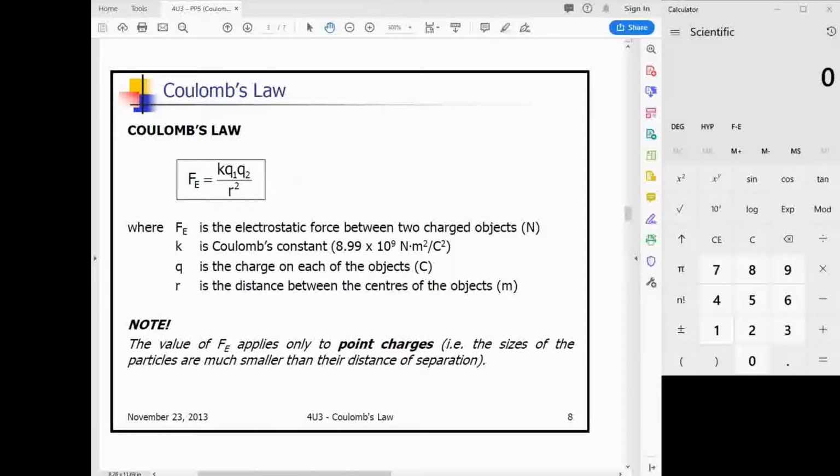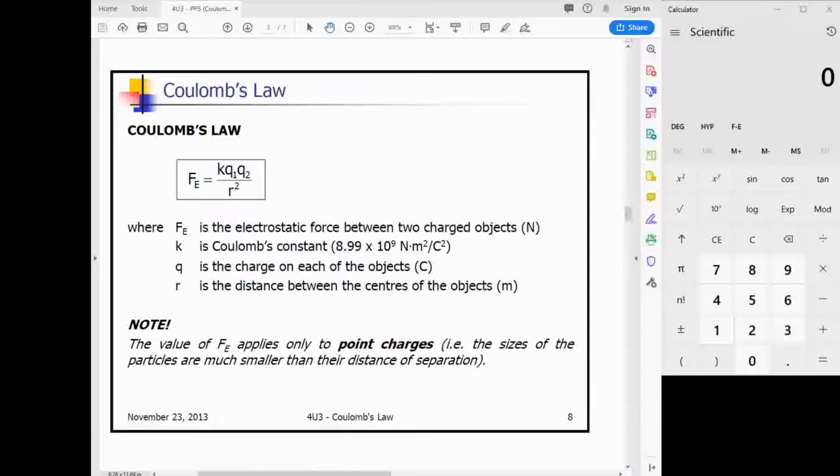Now, the note, which I'd like you to copy down as well, says the value of Fe applies only to point charges. So in this course, we're going to take an object that has possibly a series of different areas of charge, and we're going to consider it as a single point charge.